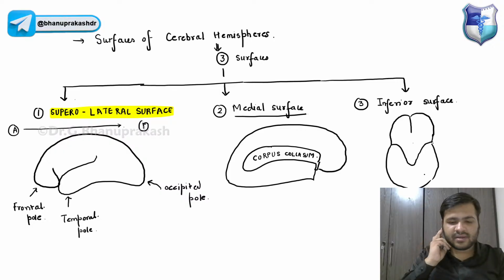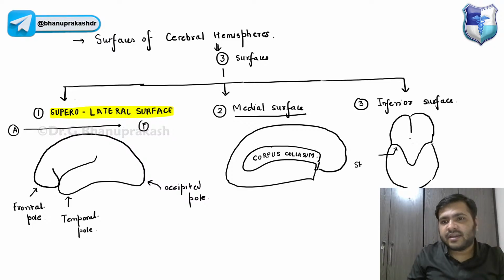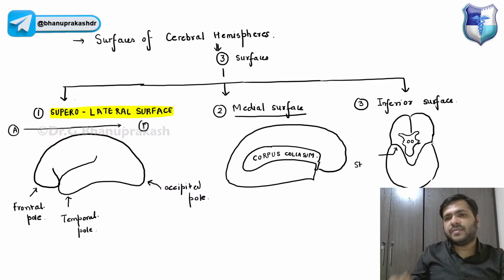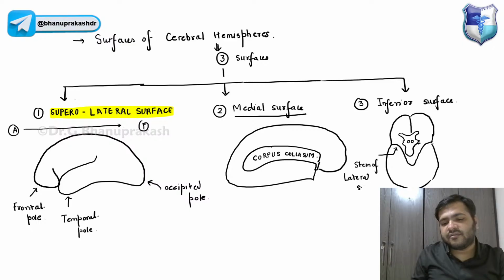So it basically looks like this, guys, right? This is the stem of the lateral sulcus. Anteriorly we can just draw the optic chiasma and all these things, right? So yeah, this is the stem of the lateral sulcus.